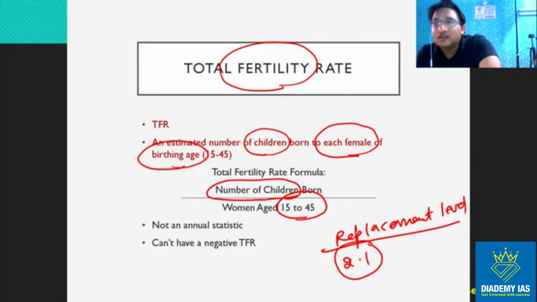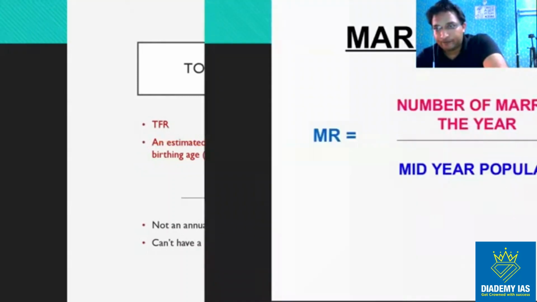Normally it should be 2, one for husband, one for wife, but this is considered to be 2.1 considering the contingency of death. Okay, there will be death, so considering that, the replacement level is considered to be a little bit higher, 2.1. So this 2.1 has been determined by various population experts.